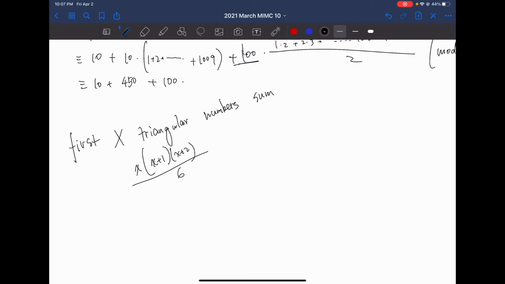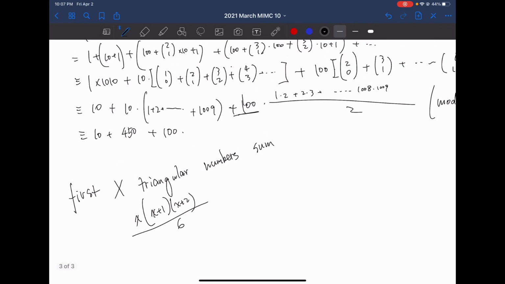And that means our x would be 1,008, because it starts with 1 and goes up to 1,008.